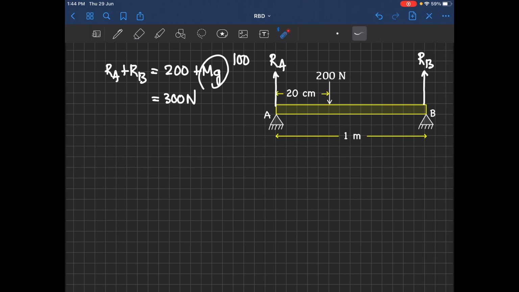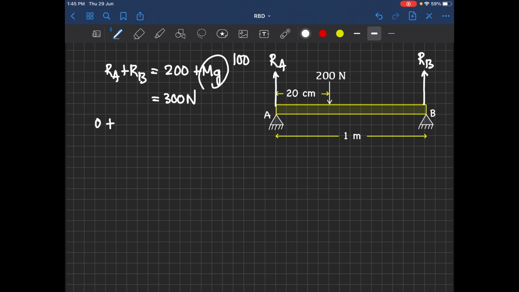Now we can write the torque equation about any point. Let's say I am writing torque about point A, and here I am taking the distances in centimeter as they are given in the question. This RA force is passing through this point, so the torque of RA about point A must be 0. Now what about the force of 200 Newton? The force 200 Newton is at 20 centimeter distance.